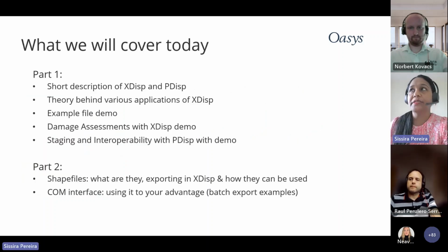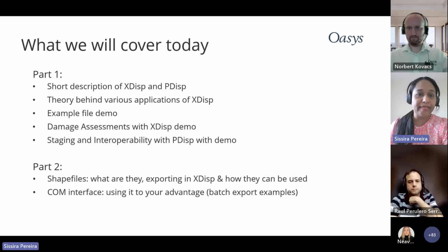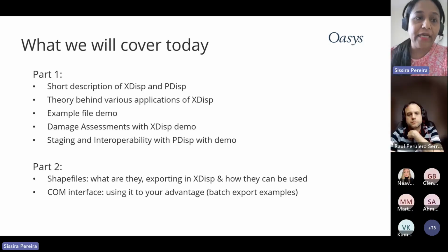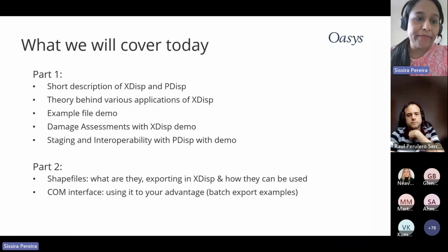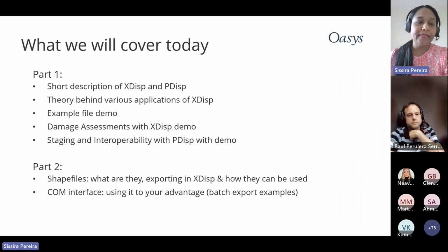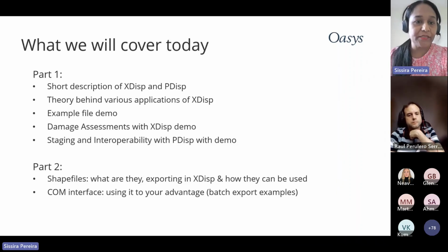What we will cover today in part 1 is a short description of XDisp and PDisp, and the theory behind various applications of XDisp, in brief. Then an example file and a demonstration, damage assessments with XDisp and a demo, and a brief note on staging operations and interoperability of XDisp with PDisp.